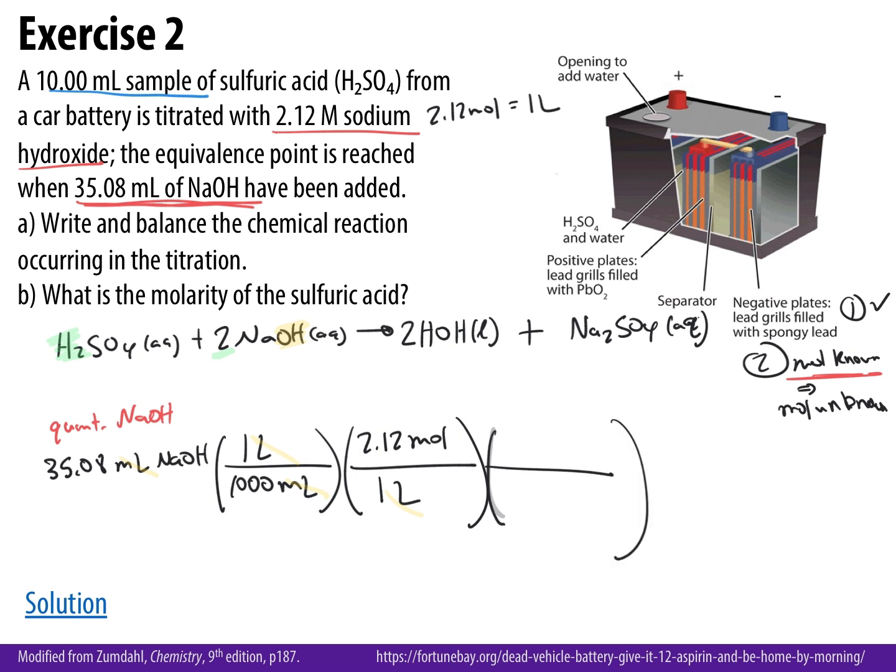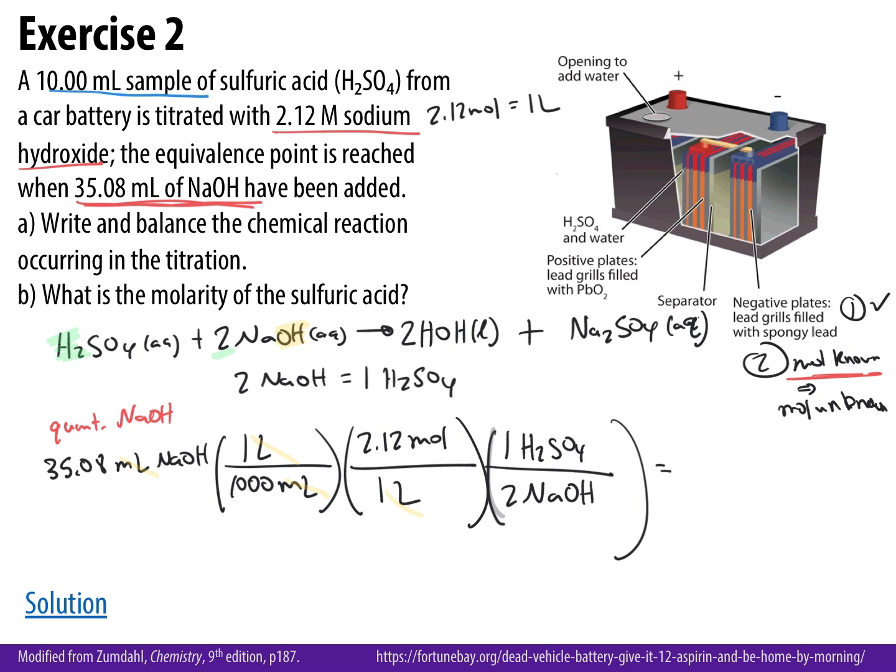The reaction here is 2 NaOH, or 2 moles of NaOH, is equal to 1 H2SO4, using the coefficients from the reaction. Since I have NaOH, that needs to go on the bottom, so times 1 H2SO4 over 2 NaOH gives me my final answer here.